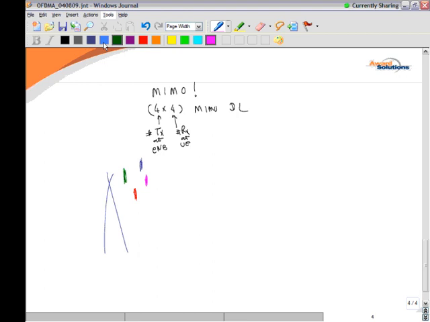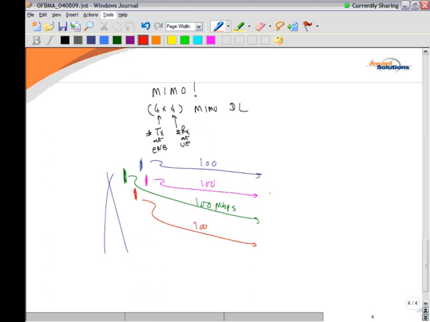Each antenna is sending out 100 megabits per second. We are reusing the subcarriers from all those antennas. The same subcarriers are being used from all the transmit antennas. The UE also has 4 receive antennas.